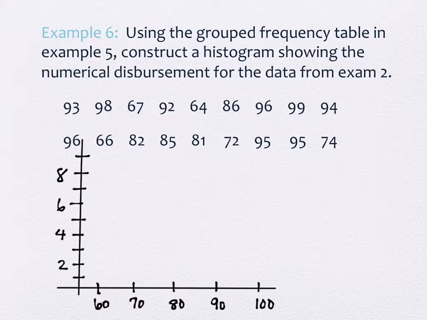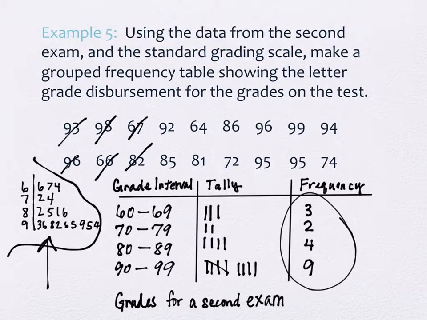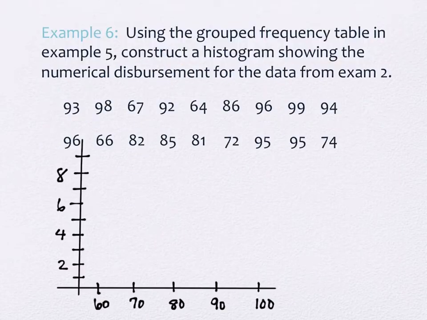I need to draw rectangles above the axis on the bottom, representing each height. So how many were in our frequency in the 60s? There are 3. So I need a rectangle of height 3. How many were in the 70s? 2. So I need a rectangle of height 2.